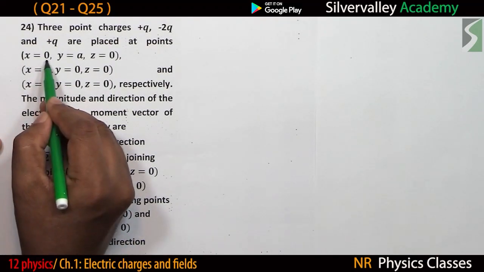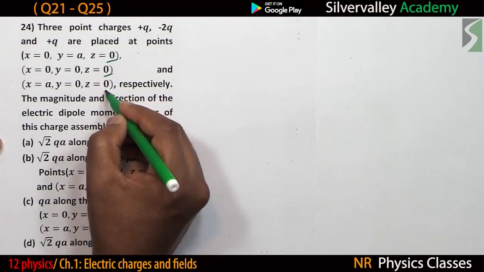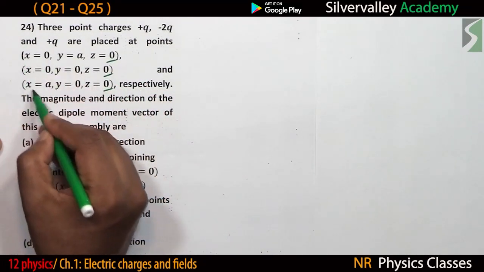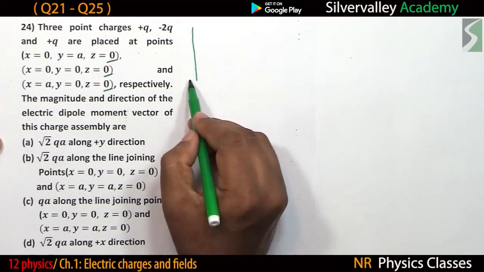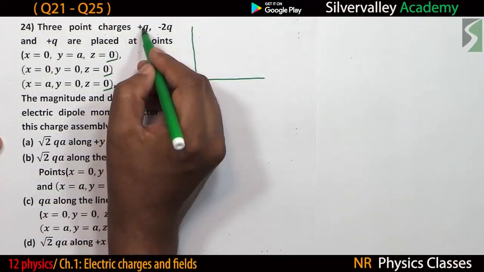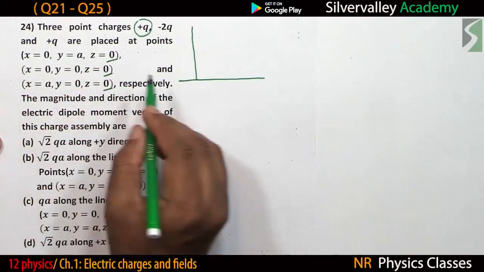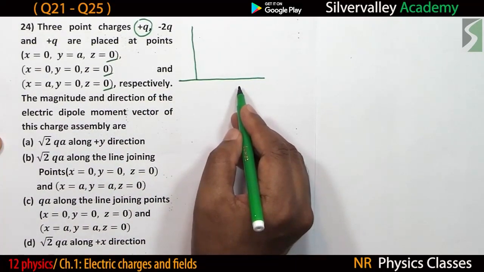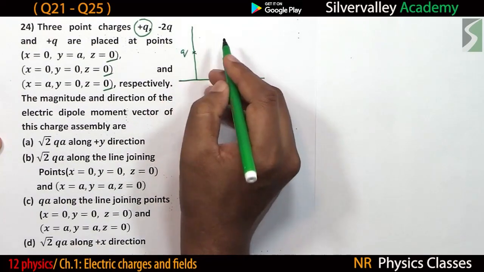Now observe, x, 0, y, z, 0, 0 means concentrate on the xy plane. Y axis, x axis. Plus q is at 0, a. So 0, a, this is q.